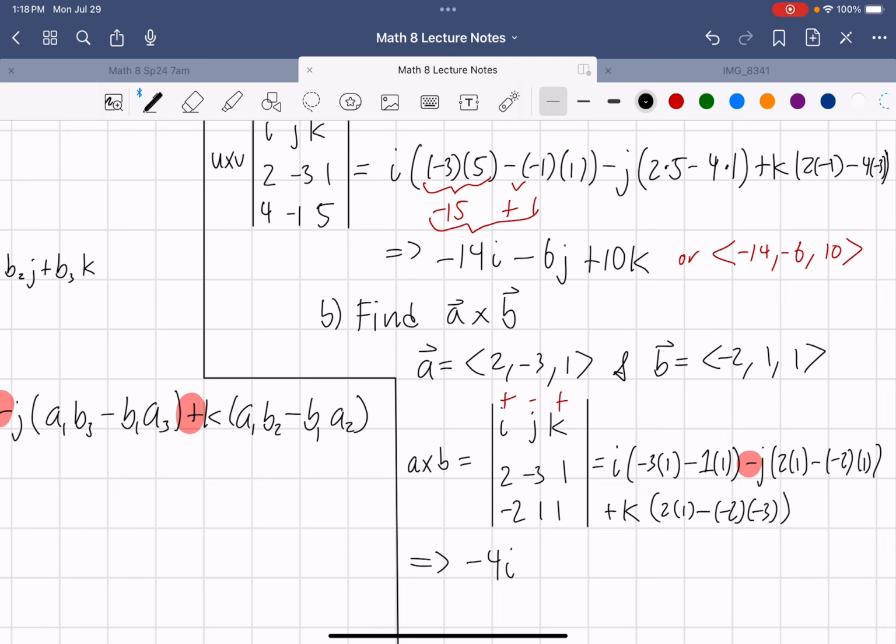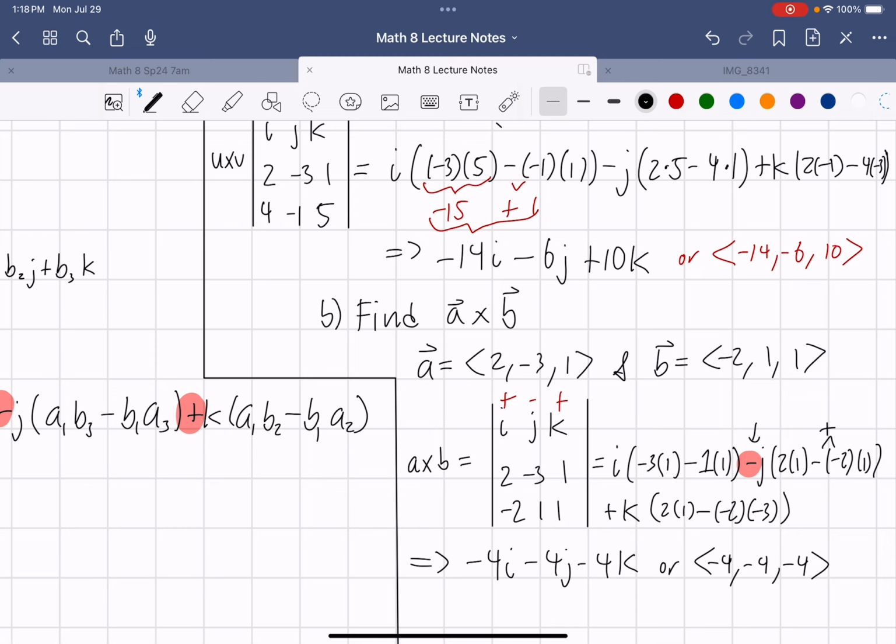The second one, 2 times 1, this becomes positive, and then there's a minus, right, for that j, so it'll be negative 4j. And then here we have 2 minus negative 2 times negative 3 is plus 6. 2 minus 6 is negative 4. And again, this is just coincidence that they're all 4. Or you can put negative 4, negative 4, and negative 4.